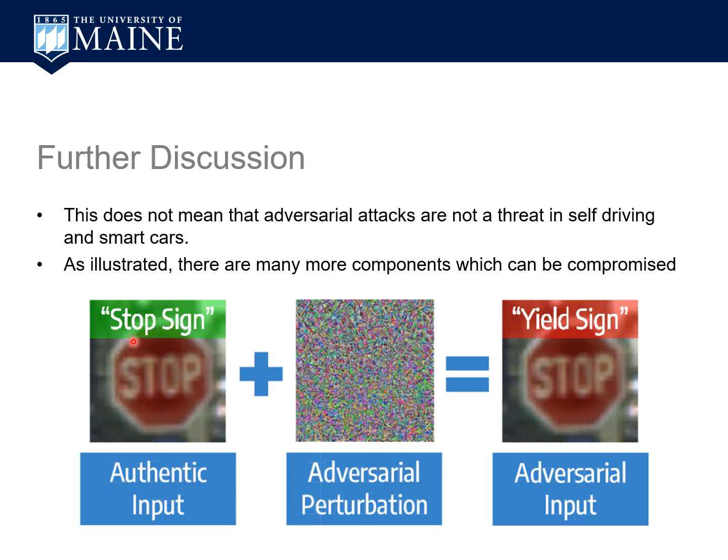The authentic input signals a stop sign and the adversarial input signals a yield sign, which, if you think about it, is pretty dangerous on the road. And yeah, your smart car or Tesla shouldn't really be misclassifying signs.